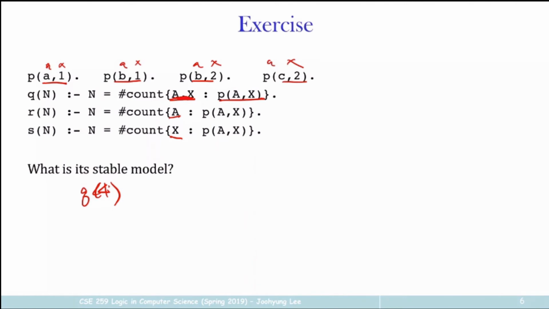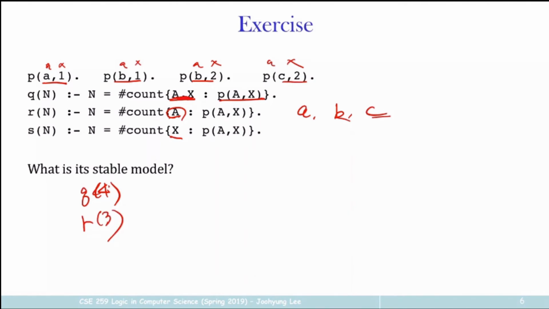So how many A's are there? 3. Why? We are counting only A, B, C. Because A has some X, which is 1. B has some X. Actually, there are 2, but I don't care. Because I don't count X, I can count only B. And same for C. So in this case, R of 3 is true.